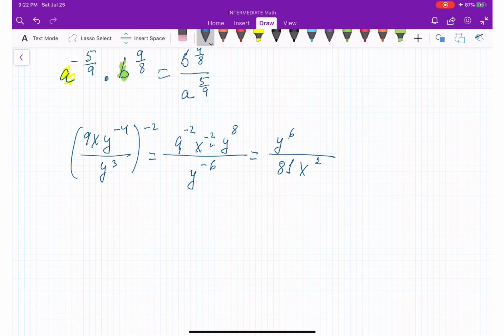Okay? And we also have y to power 8. So it's going to be y to power 14 over 81 x to power 2.